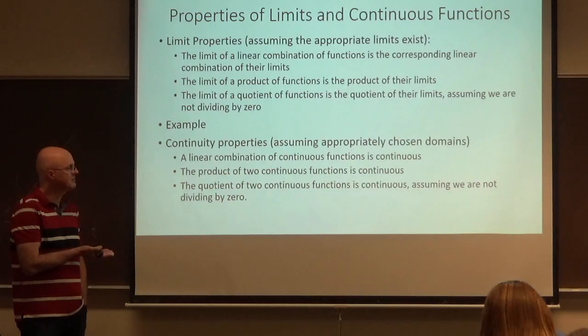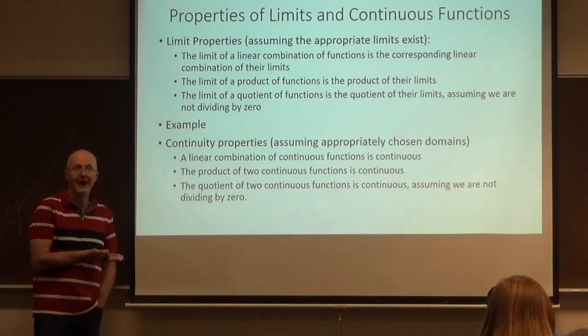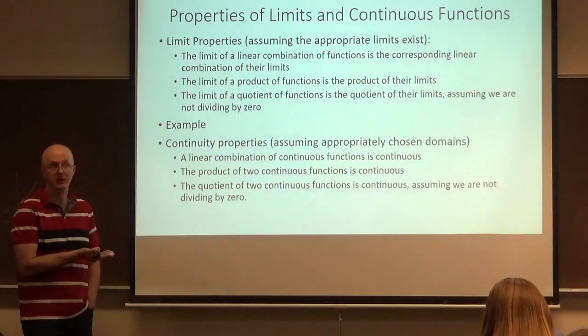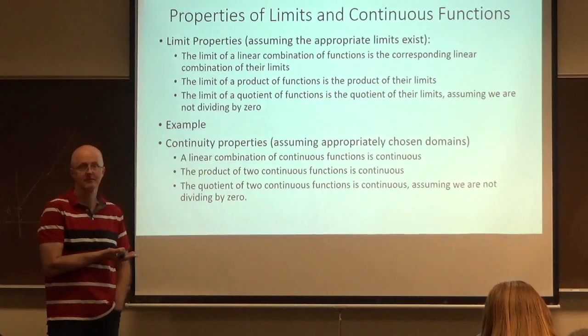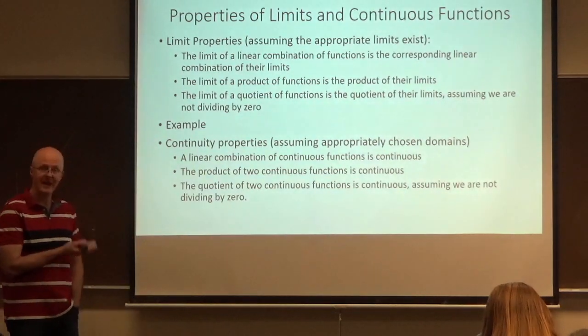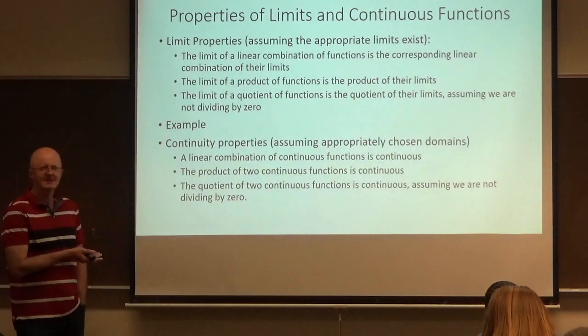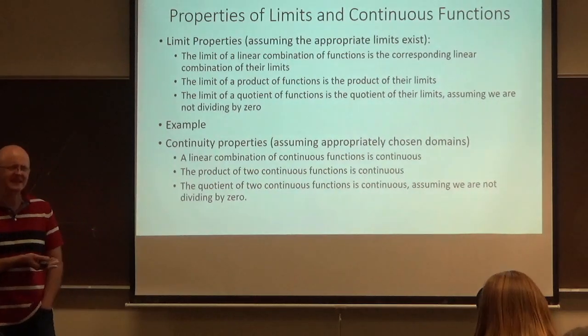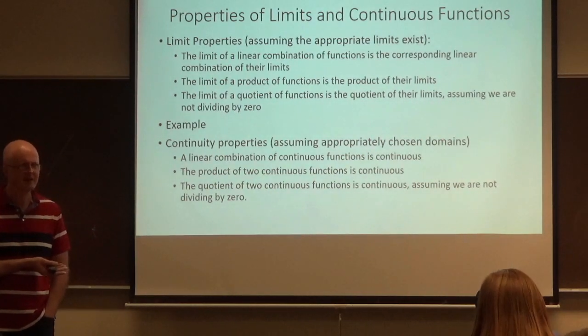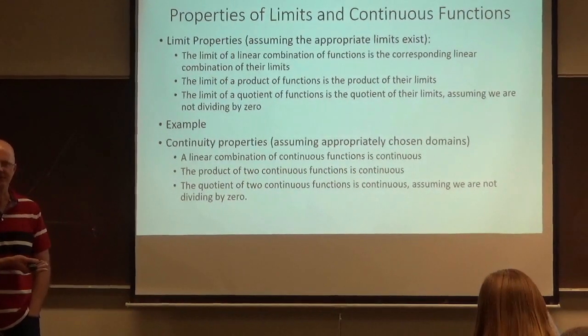These facts would then be most appropriate to prove that rational functions, for example, are continuous wherever they're defined. Okay, if you use these facts. These are so basic you might say it's hardly worth even stating, but it is definitely worth it.